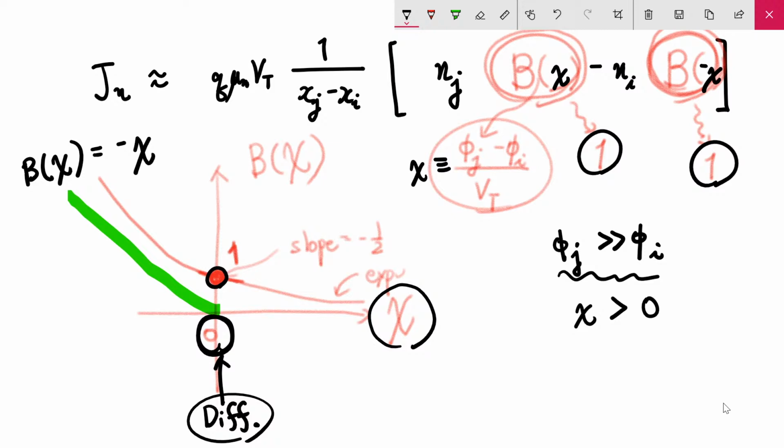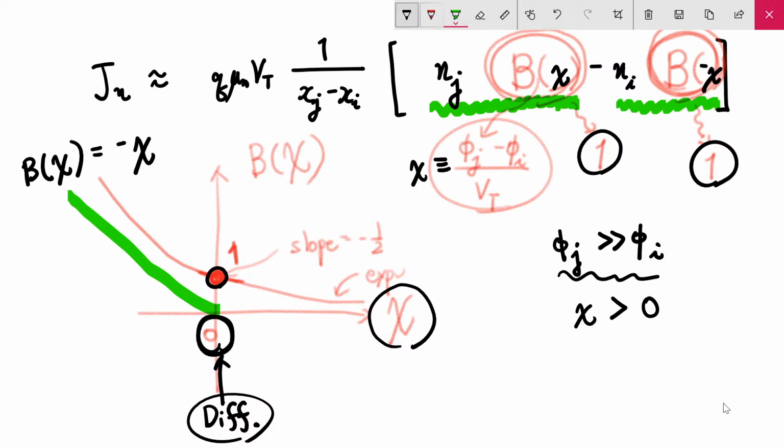What will happen? When chi is much larger than 0, this first term related with B of chi will diminish, and this other one will survive.